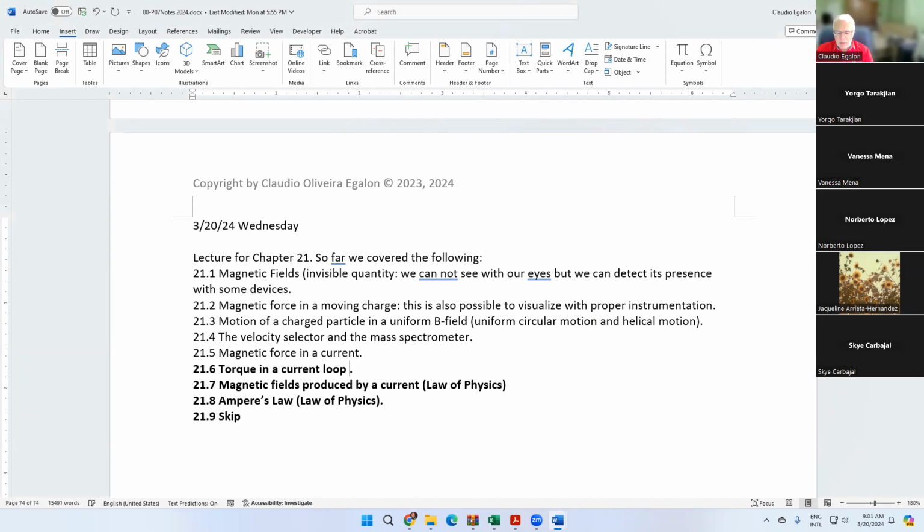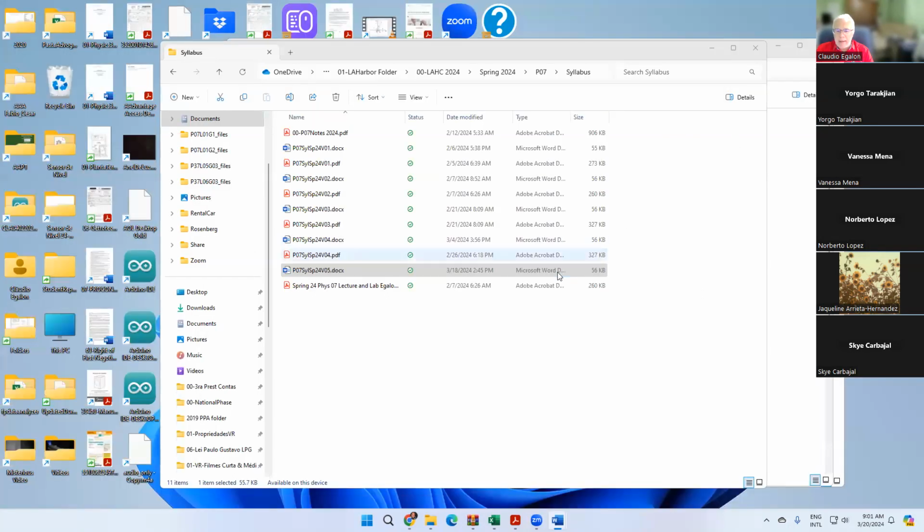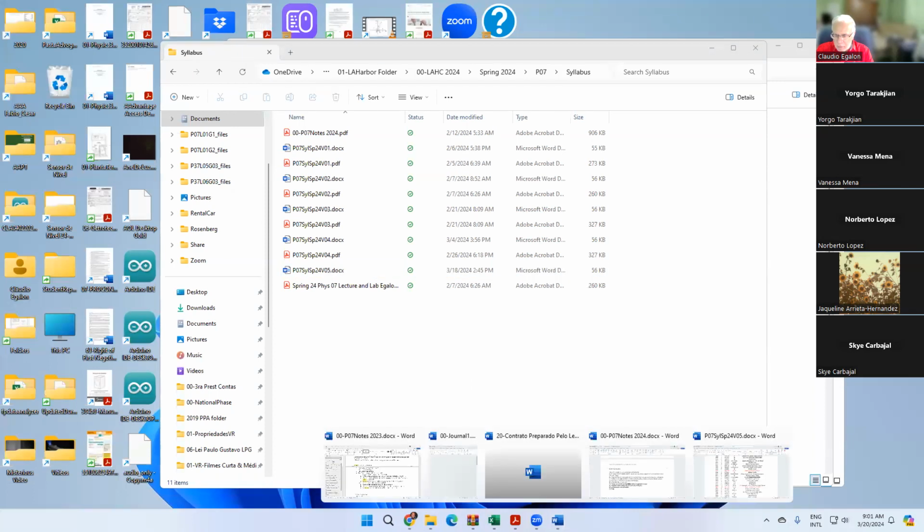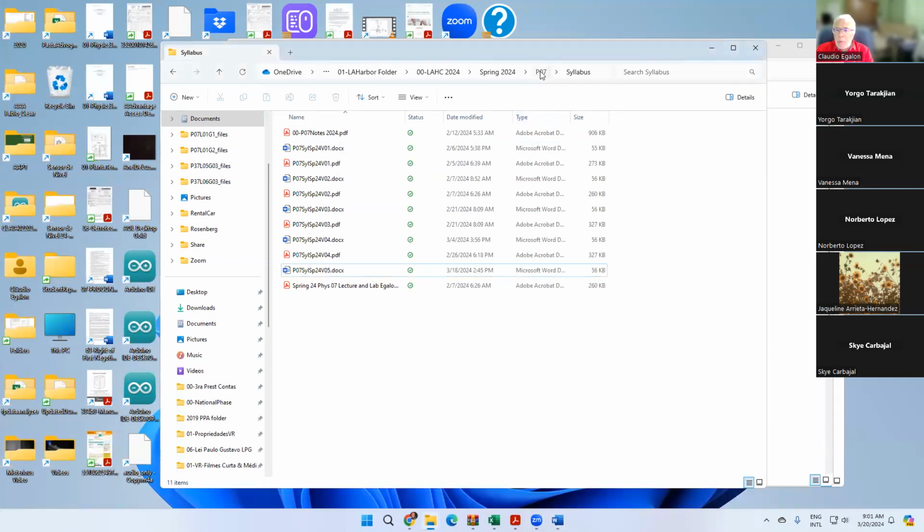The loop can be made of a single coil or more. Okay? Torque in a current carrying loop. Loop is a better word for that. A coil implies that you have more than one turn. So I prefer to use a loop.